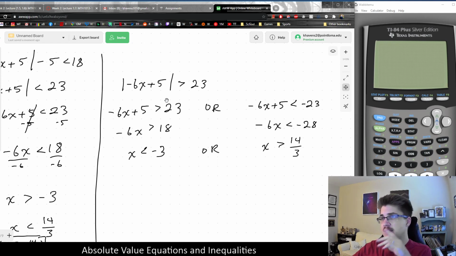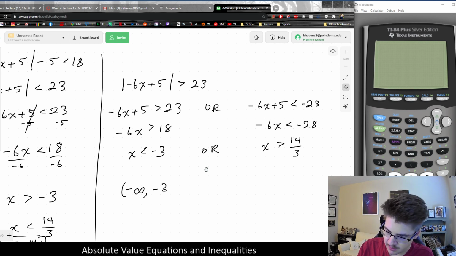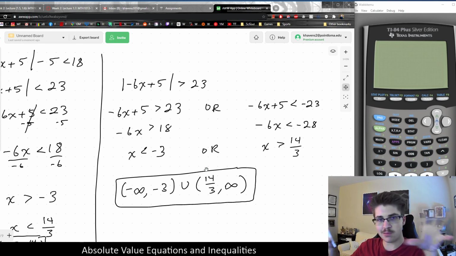So what I end up with is x is less than negative 3, or x is greater than 14/3. Since these are disjoint intervals, I can just put the union sign in between them. So this would be all values smaller than negative 3, or all values greater than 14/3, and that will be my answer. There's no way of rewriting that because those are completely separate.